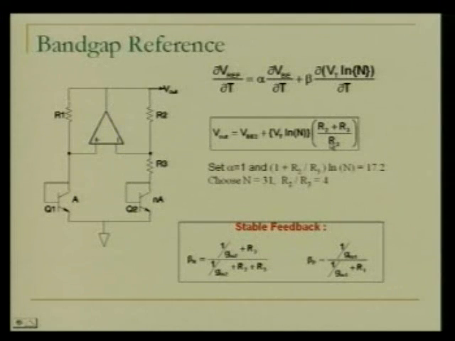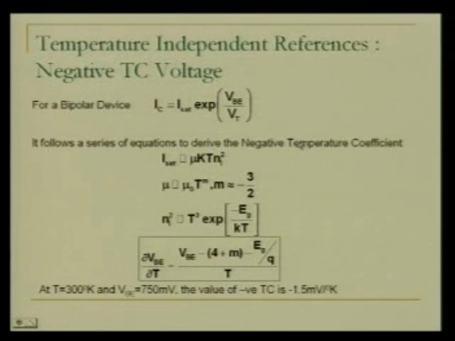So the current itself is proportional to absolute temperature. The current Vt ln n itself is proportional to absolute temperature. So if this occurs, we can't write the expression in this way because IC itself varies with temperature.